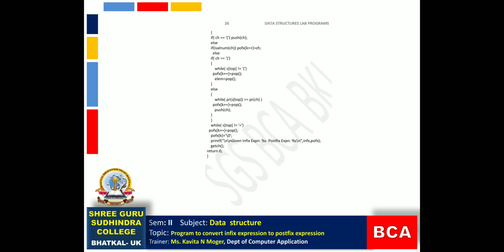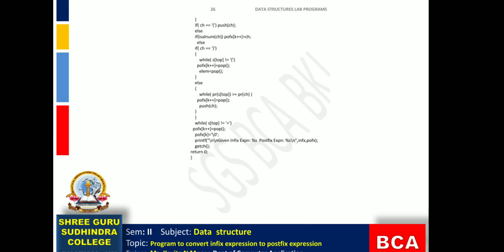At last, while stack top is not equal to the equal sign, postfix[k++] = pop. Then postfix[k] = null. Then the printf statement will print the infix expression, that is %s, which was taken from above, and the postfix expression, which is the result of the program.